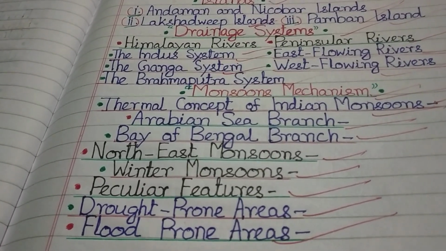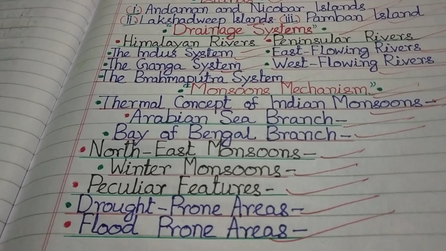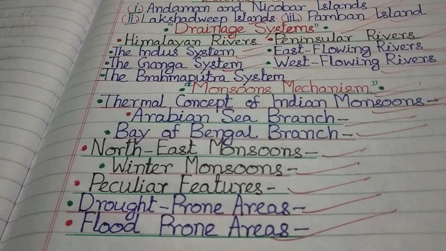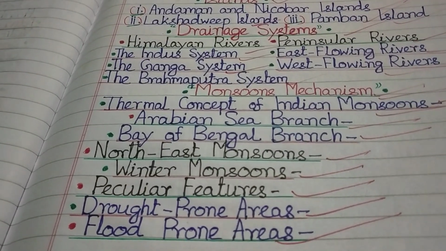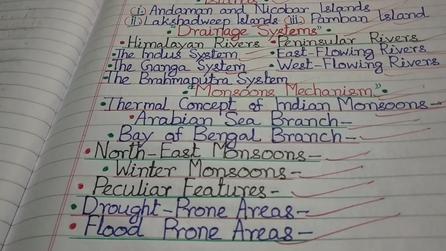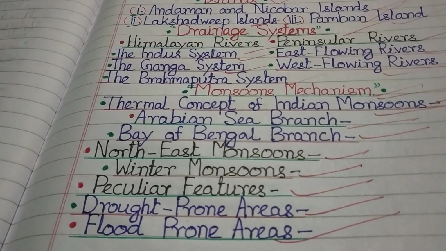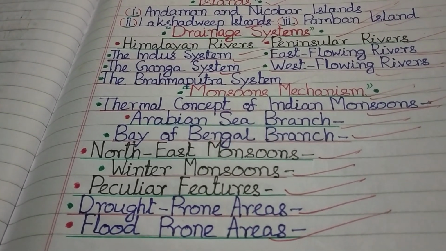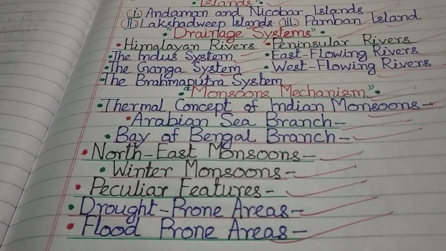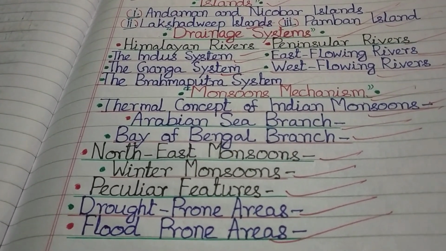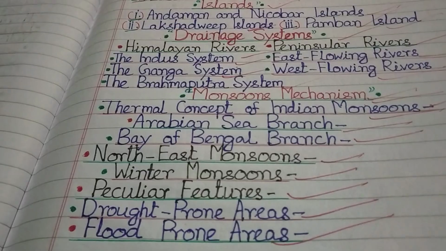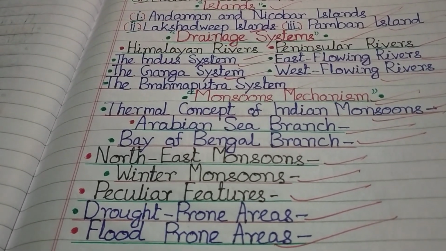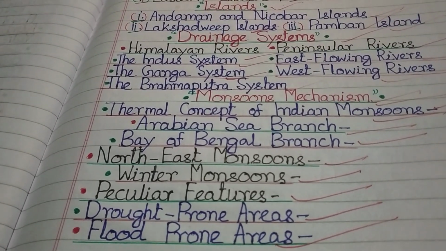As a result, a massive low pressure trough is formed extending from the Punjab plains in the northwest to the Bengal Delta in the east. This low pressure zone attracts wind regimes from the adjoining areas, from short distances in the beginning.